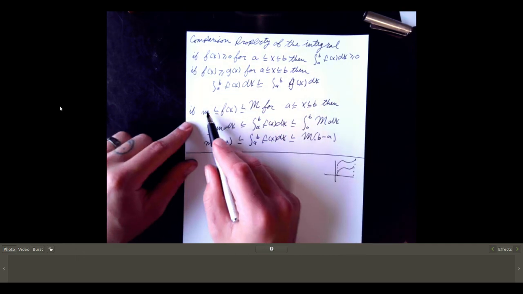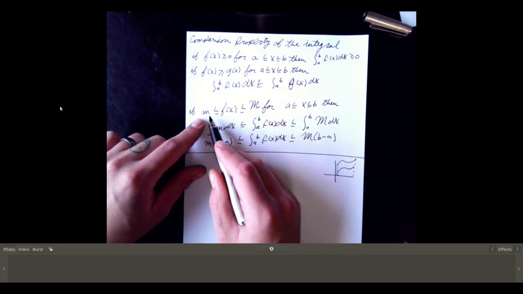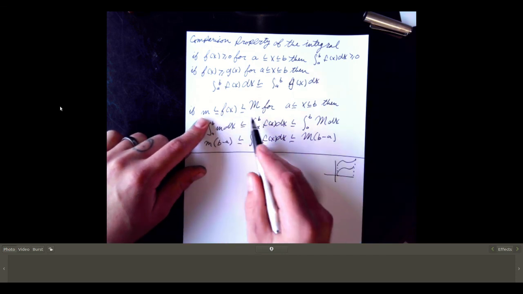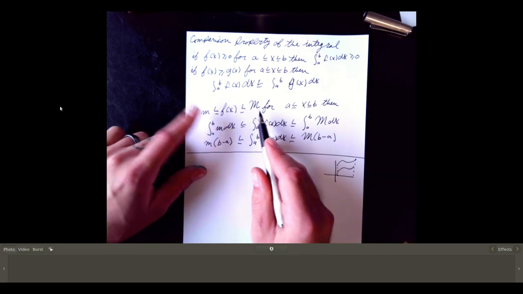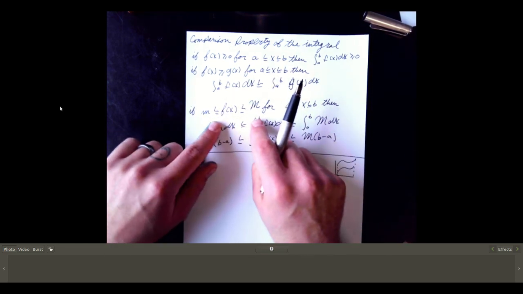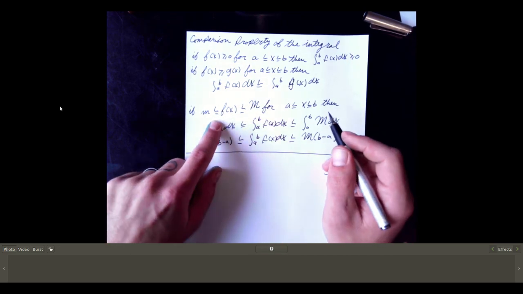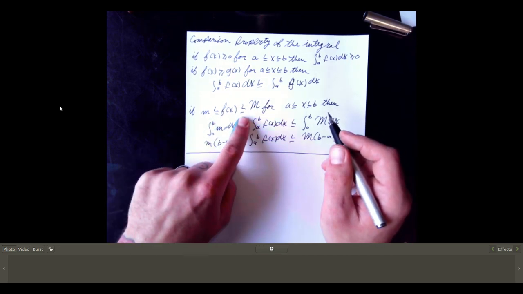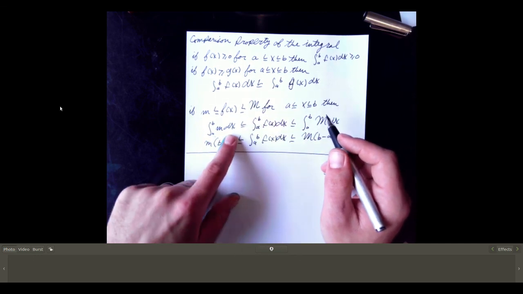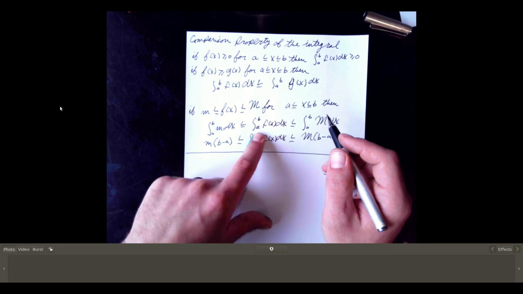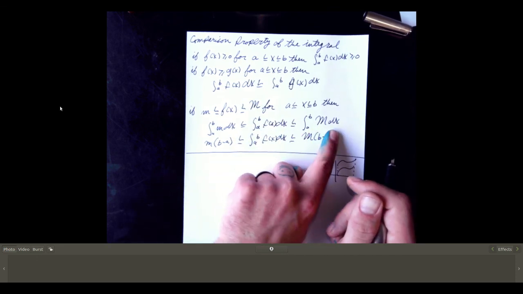And finally, if we know the smallest value of f of x, what its minimum value is and what its maximum value is, we can come up with bounds for the value of the integral. So if m is less than or equal to f of x, which is less than or equal to capital M, we have the integral of lowercase m dx is less than or equal to the integral of f of x, which is less than or equal to the integral of capital M dx.